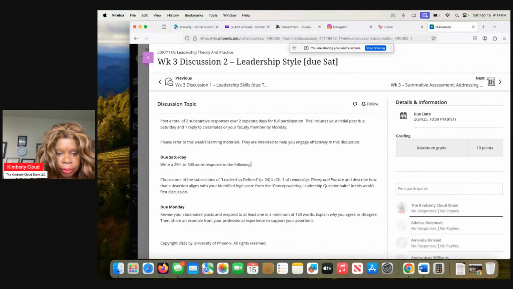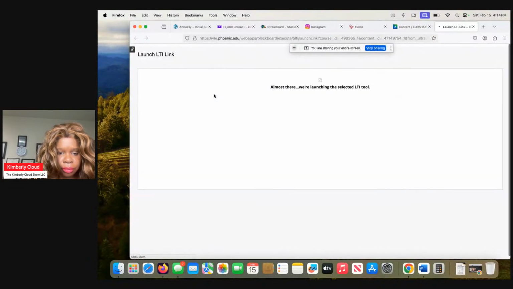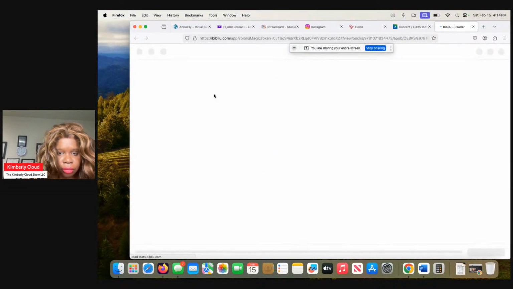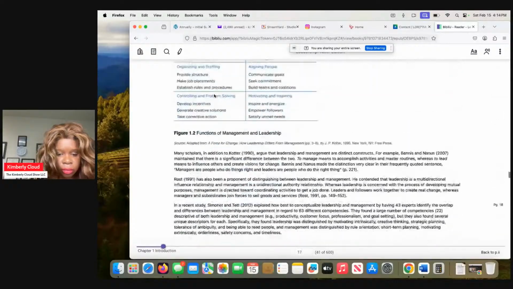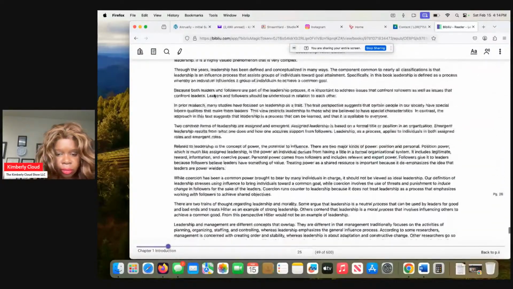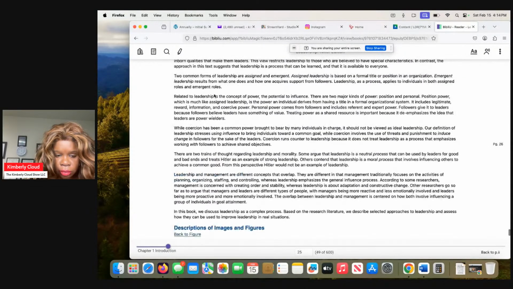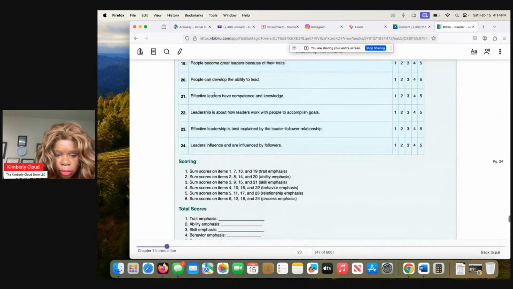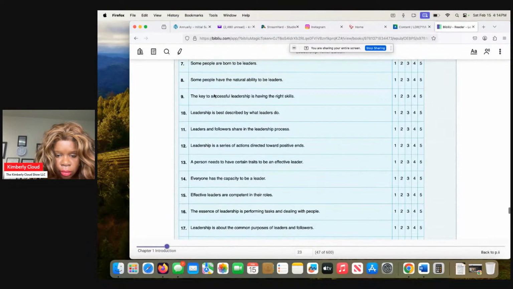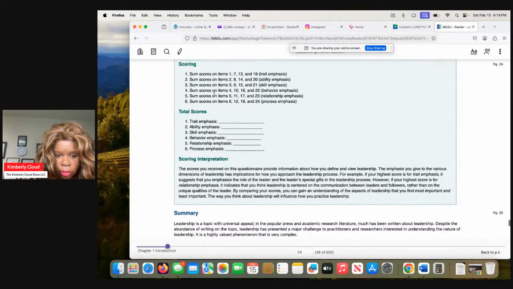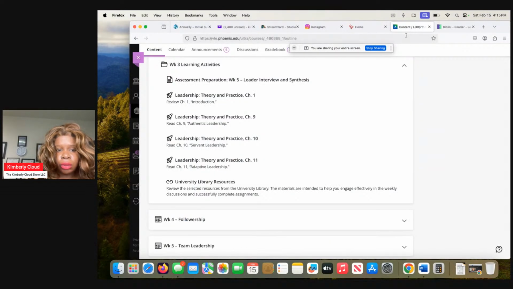The next, chapter 1, page 24. Go back. And what do they want us to do?